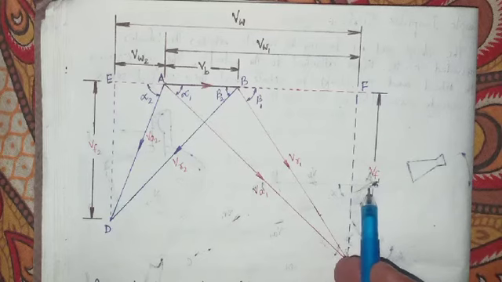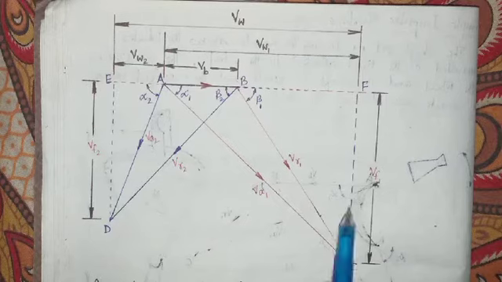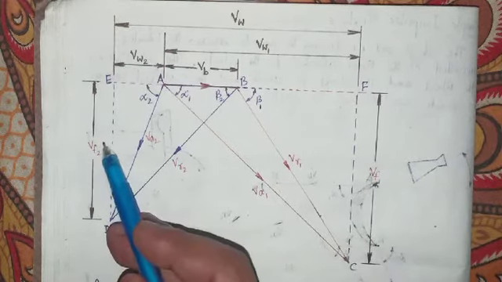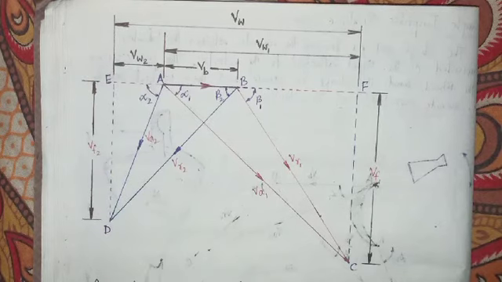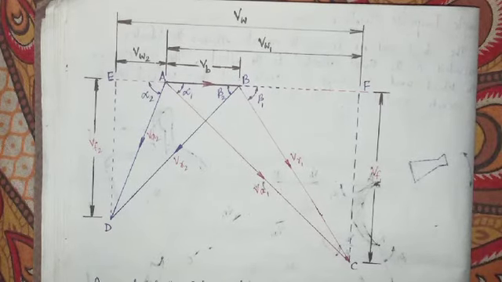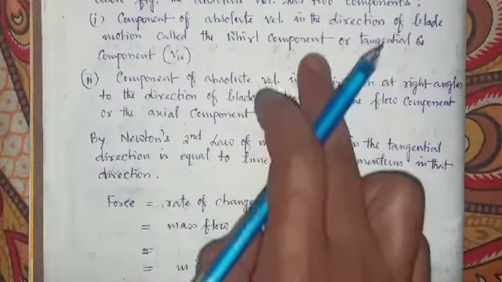This velocity component is known as the flow component, or the axial component. This is the axial component of the entering steam, and this is the axial component of the leaving steam. I think this is very clear to all of you. Everything is written for you.